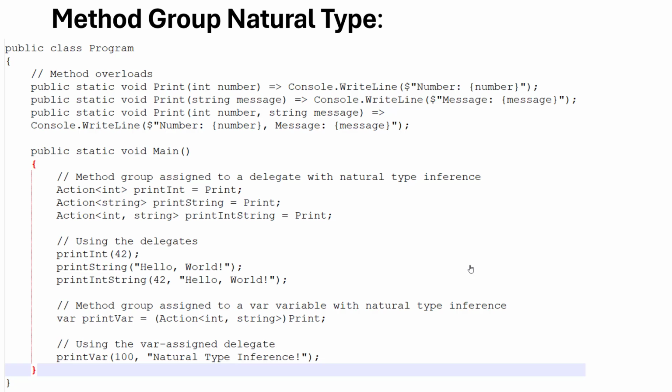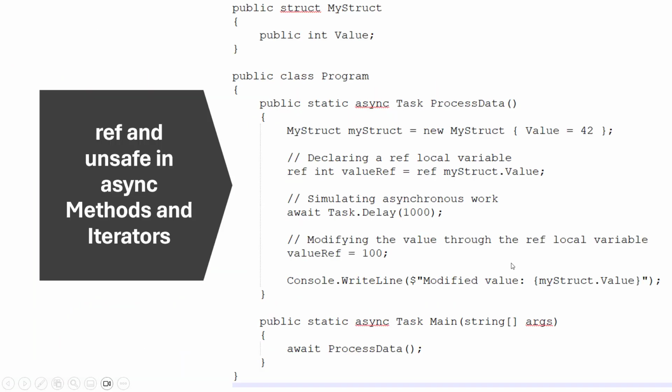Improved overload resolution. By pruning candidate methods based on the scope, the compiler can more efficiently determine the appropriate method to assign to a delegate or a variable. Okay, so the next C# feature is ref and unsafe in async methods and iterators.